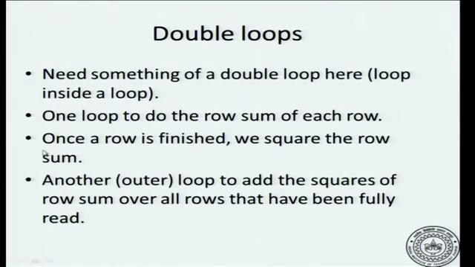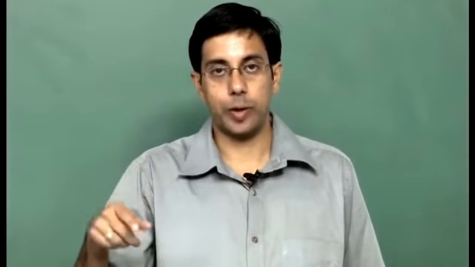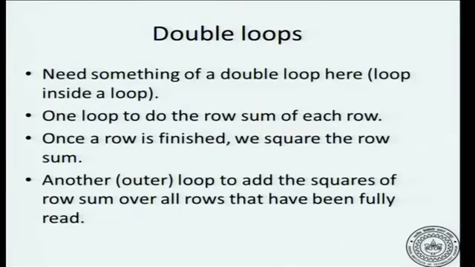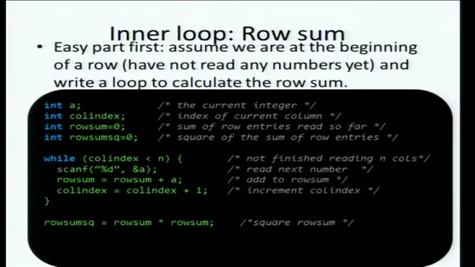Once a row is finished, we square the row sum. Once that is done, remember that once we tallied numbers on the right hand side and squared them, we had to add those numbers up. So we need another loop, an outer loop, to add the squares of row sums. So let us do this program in stages. First, let us write the inner loop.